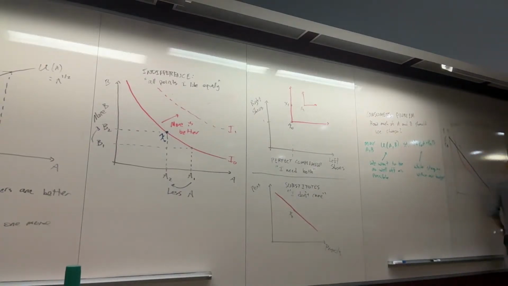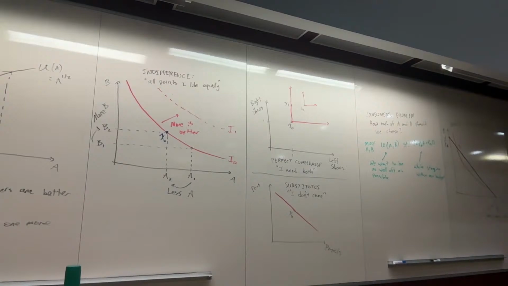So the question for you: do we like x0 or x1 better? Hands up for x0. How many of you think we like x0 better than x1? How many of you think we like x1 better than x0? And how many of you think we like them equally?